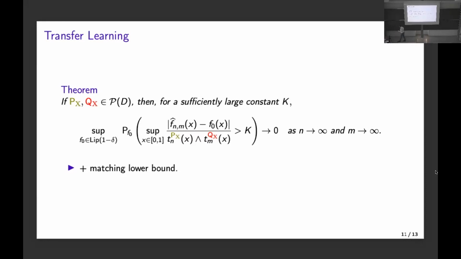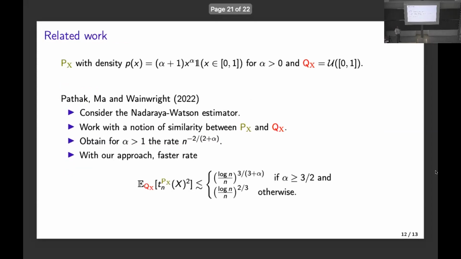Last, I would like to, so transfer learning is a bit more popular now in the non-parametric research, and I would like to compare our results with a very recent paper by Pathak and Wainwright. To do this, because our result is a bit specific, we have to talk about an example, and I take as an example the source distribution being a power law. So the density is x to the power alpha with alpha positive, and the target distribution is uniform on 0, 1.